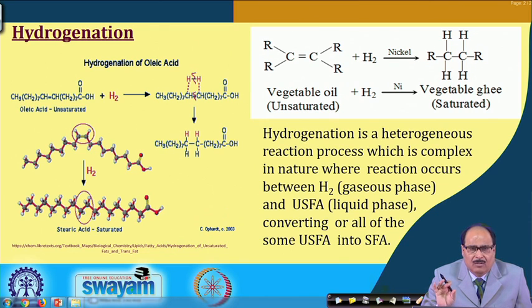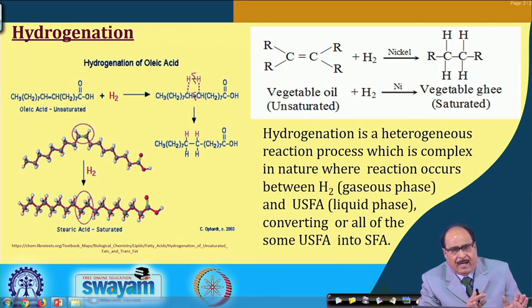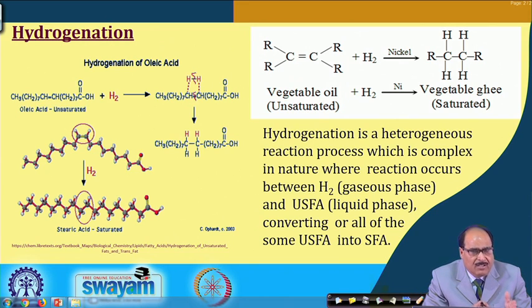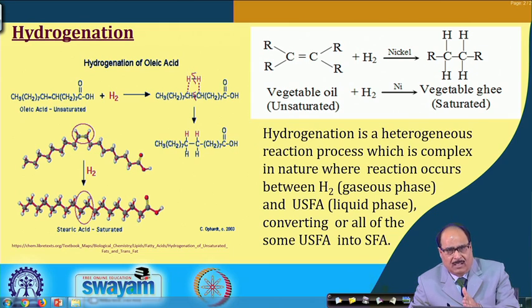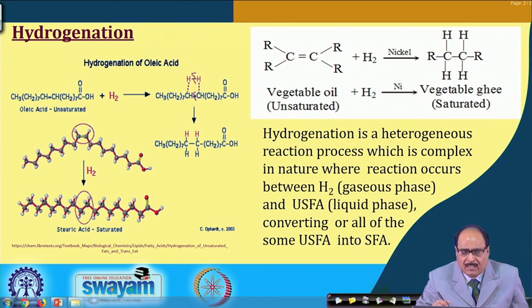There will be one, 2 or 3 or more double bonds in the chain of the fatty acid. So, in the hydrogenation process, these double bonds or unsaturation is converted into saturation, obviously by the introduction of hydrogen into the molecule under appropriate conditions.